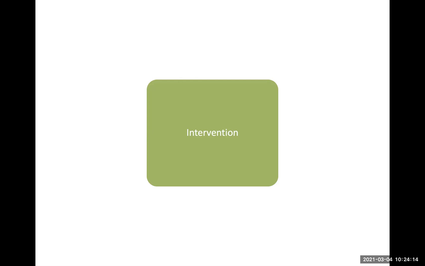So OT interventions, and this is straight from the OTPF-4. We know already that interventions in OT include occupations and activities. Hopefully those are both meaningful to the client. It also includes the use of occupation as an end, or in other words, interventions that support occupational performance.